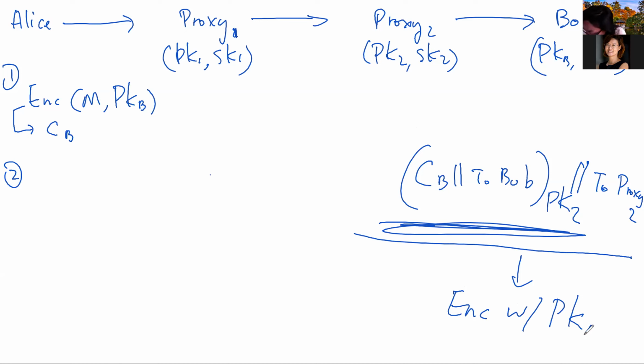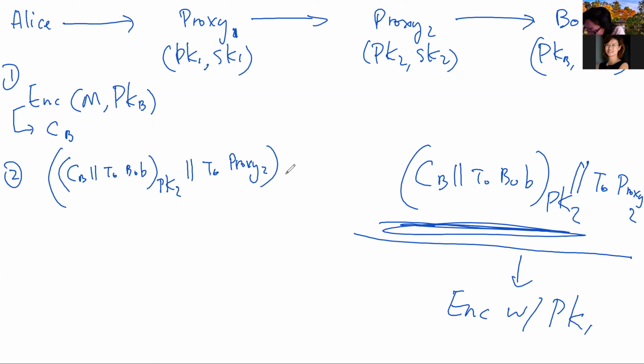Okay, so if you look at this, Alice has a lot more work to do than last time. She has to, okay, what does she have to do? First construct the message to Bob, okay. Encrypt this with proxy 2's public key, and then concatenate with some instructions for proxy 1, because otherwise proxy 1 would not know where it goes.